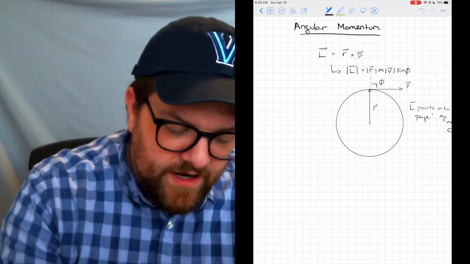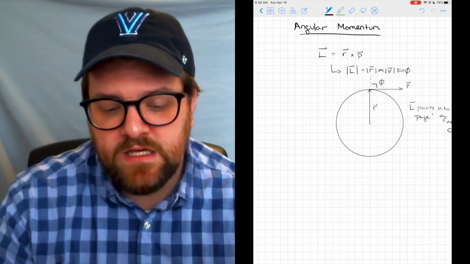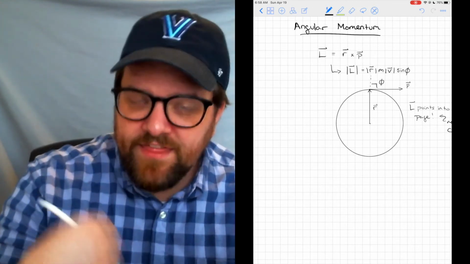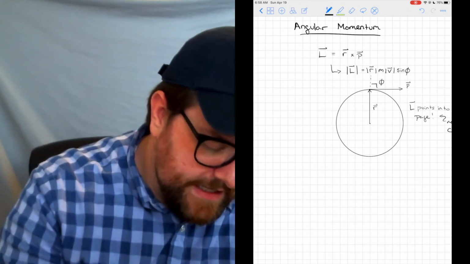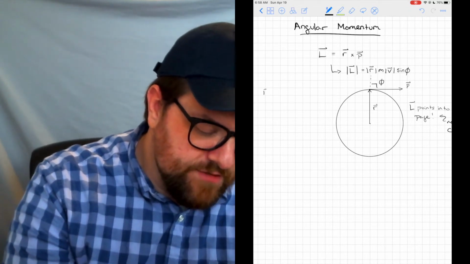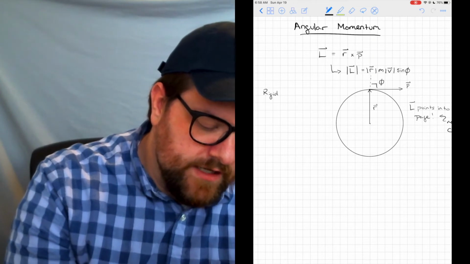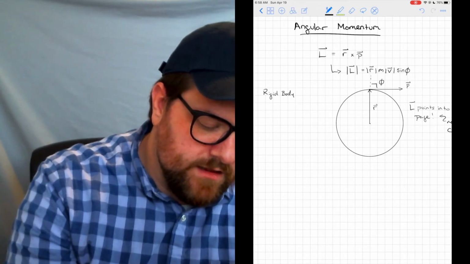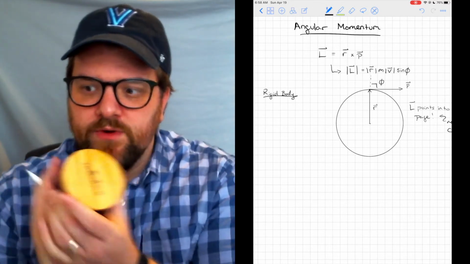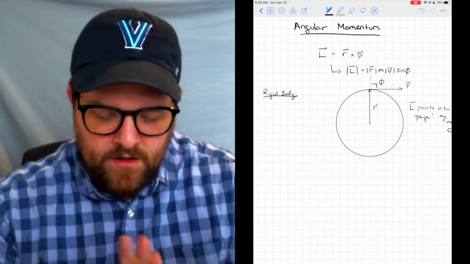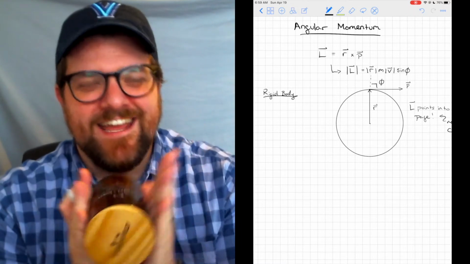So when I think about r cross p, that is our strict definition. Now, if I'm very lucky and I talk about a rigid body, something rotating around itself, something like back to our candle. Y'all are probably getting sick of seeing this candle.